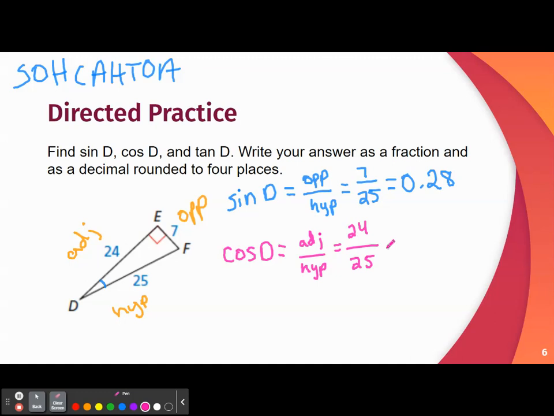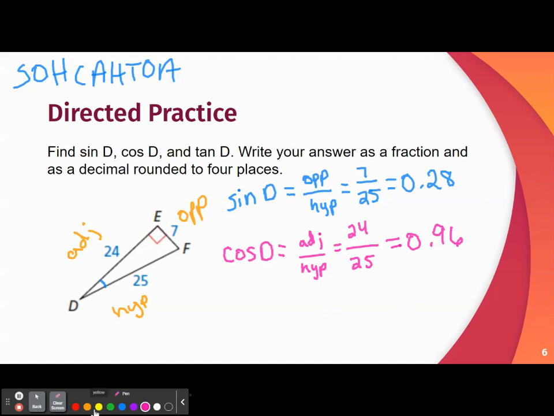Not change it to a decimal yet. Can I reduce the fraction? No, there's no number that goes into that. 5 and 25, and 1 are the only factors. Now, what is 24 divided by 25? 0.96. We didn't have to round, so I'm going to put equals. So equals 0.96.